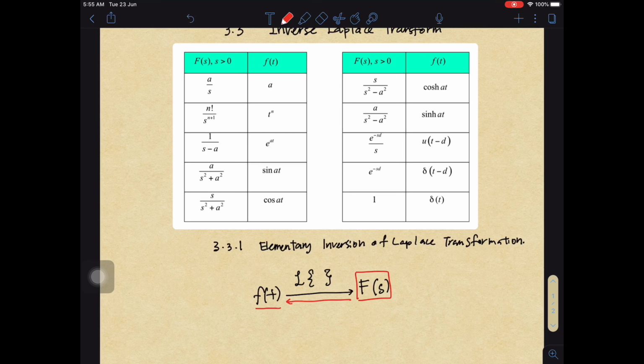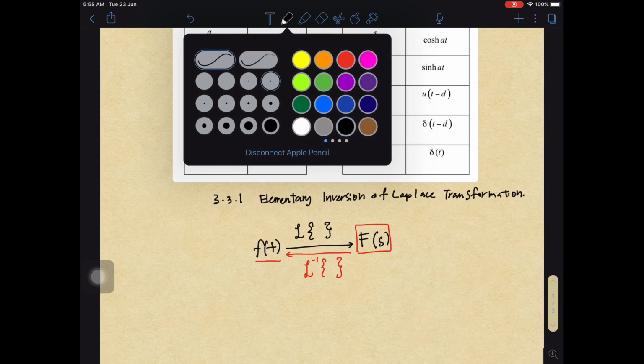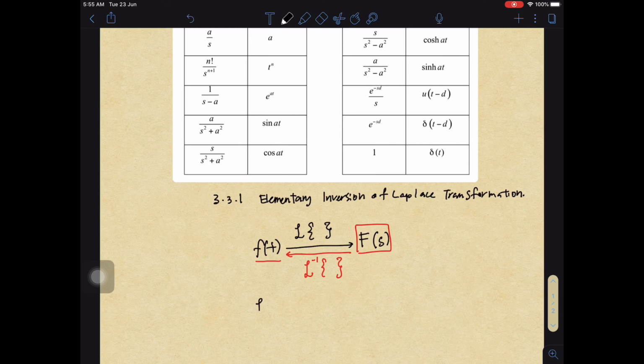We can get back this original function f(t) by using the process called inverse Laplace transformation, and the symbol of the inverse is like this. Before this we learned how to find the Laplace transformation of f(t), and the result is the capital F in terms of s.